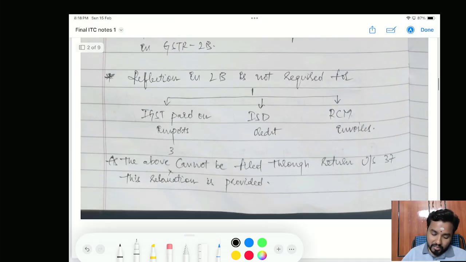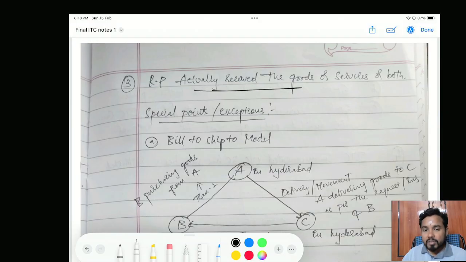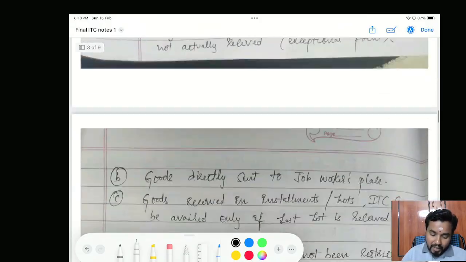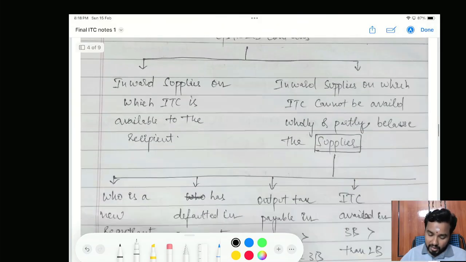That is one condition. Another condition was, the registered person has actually received the goods. You must have actually received the goods. The other condition was, ITC communicated under section 38 has not been restricted. Whatever ITC gets reflected in your GSTR 2B, that ITC should not be restricted.